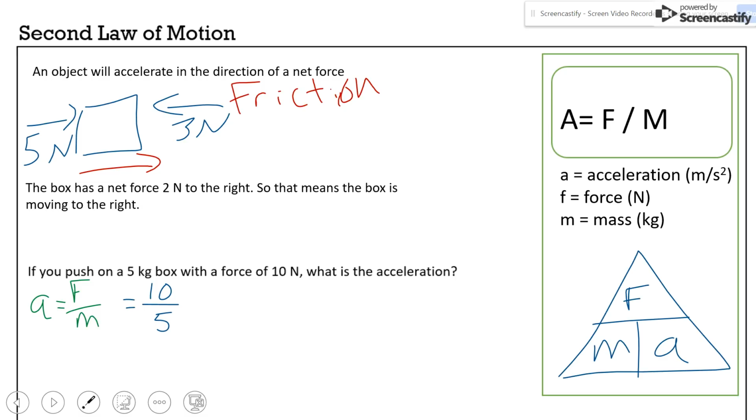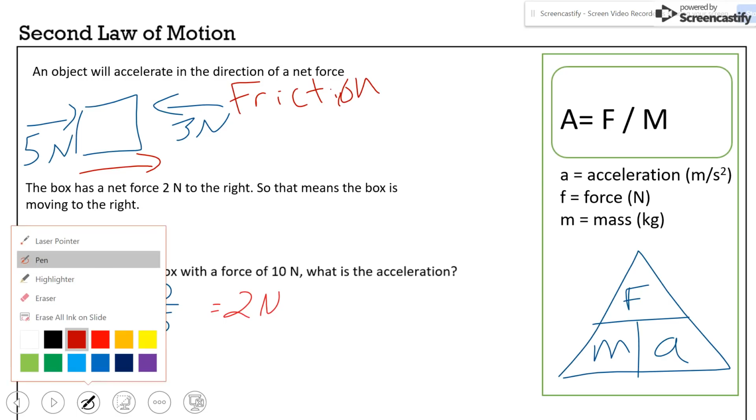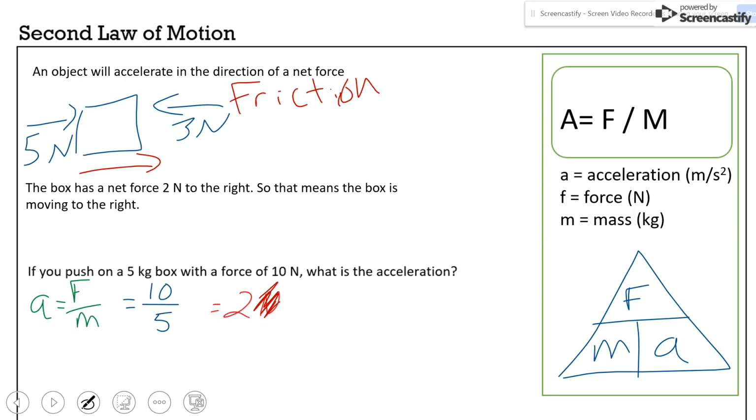Our mass, measured in kilograms, is 5. So when we take 10 divided by 5, we get 2. Oops, it should not be newtons. It should be meters per second squared, because we're looking at an acceleration. And if you remember, acceleration is always in meters per second squared. I do not know where I was getting newtons from.